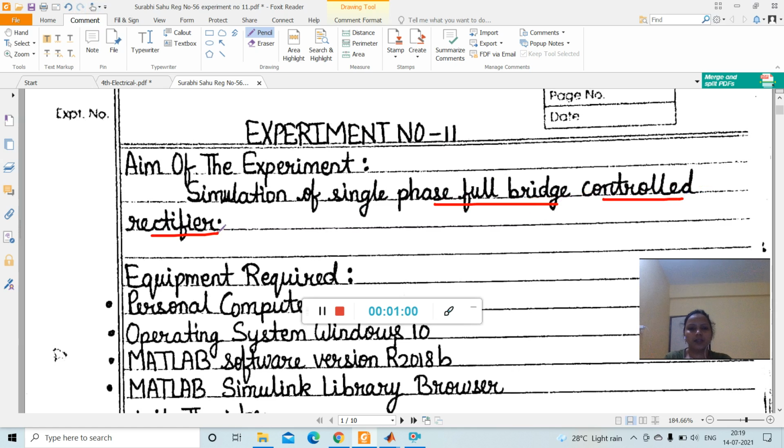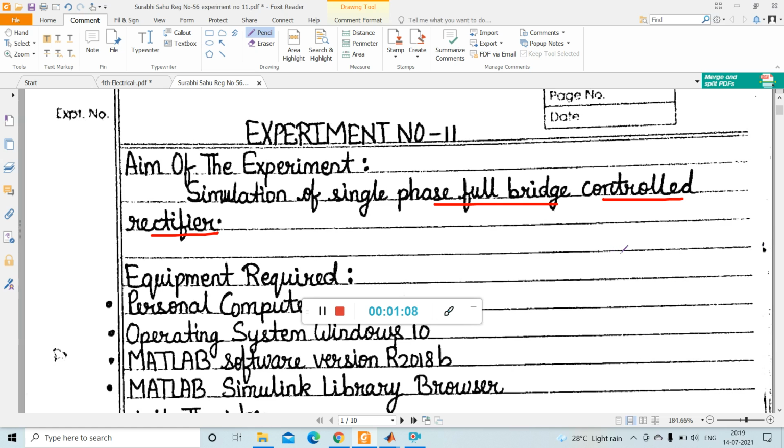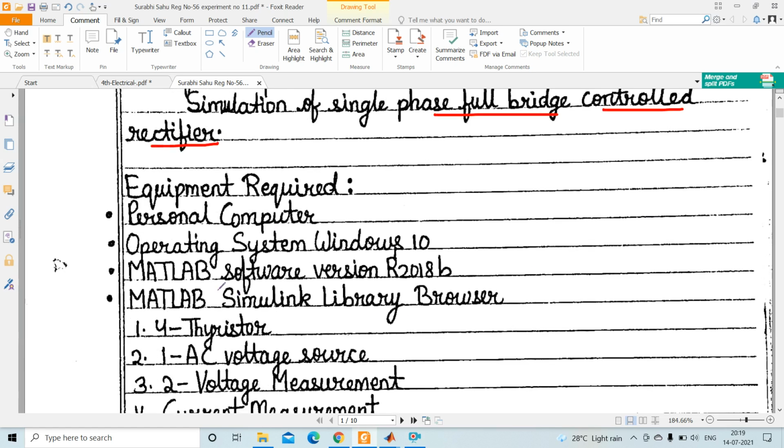So let's go to the MATLAB window and study the simulation of single phase full bridge controlled rectifier. For this, the equipment required is a personal computer, operating system Windows 10, and MATLAB software. Here I am using version R2018b and the MATLAB Simulink library browser.